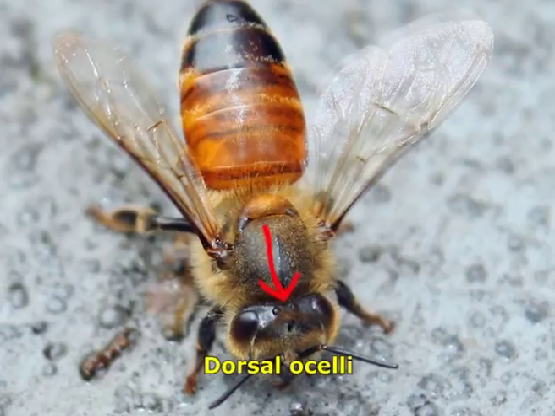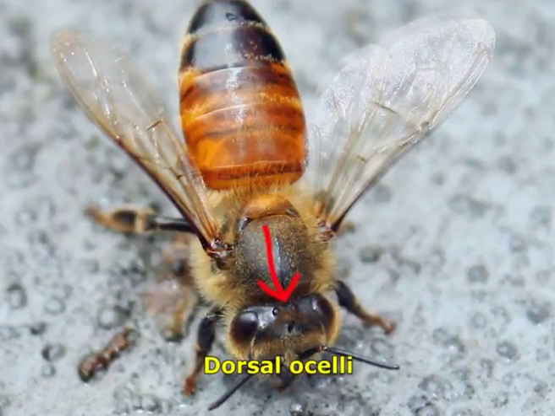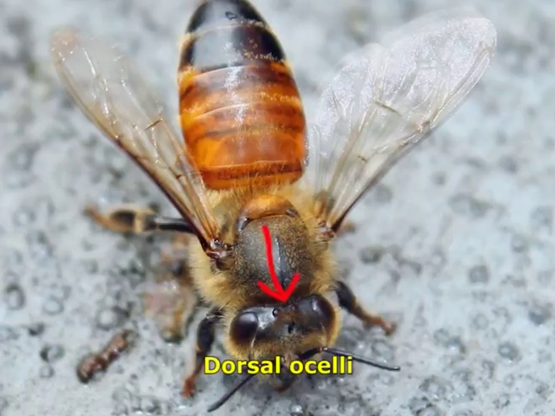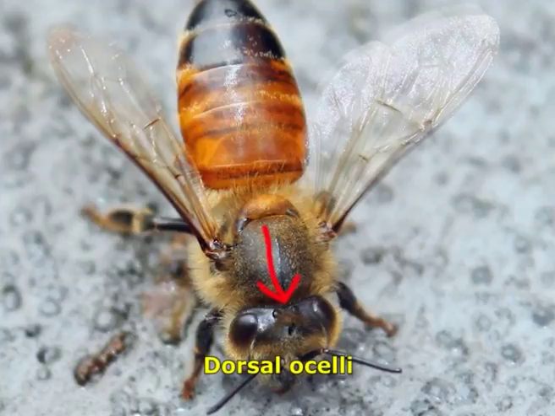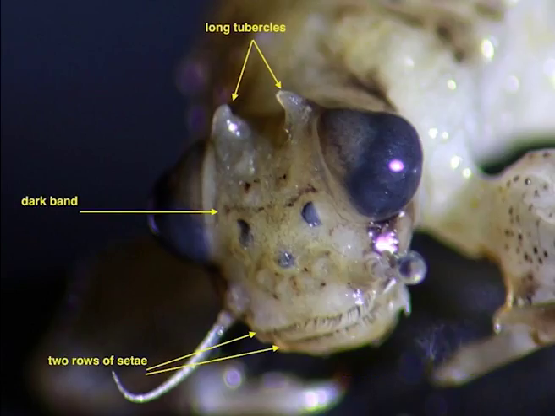They vary from 3 to 4 in number, which are arranged in a triangular fashion between the compound eyes with a median ocellus. Lateral ocelli, also known as stemmata, are present on the lateral sides of the head of Endopterygota larva. They vary from 1 to 7 in number on each side.